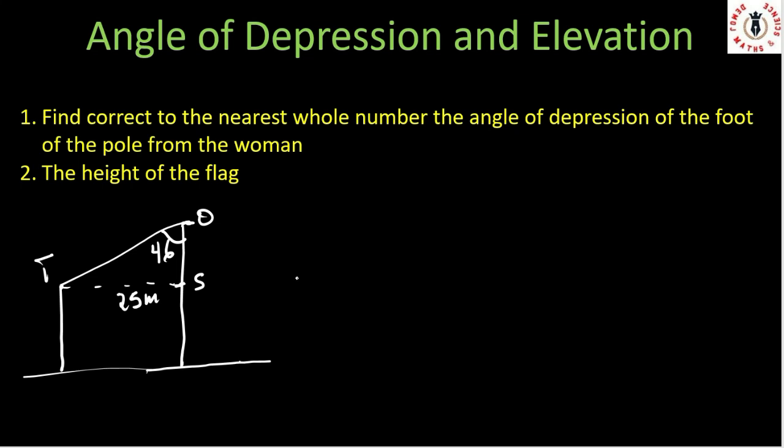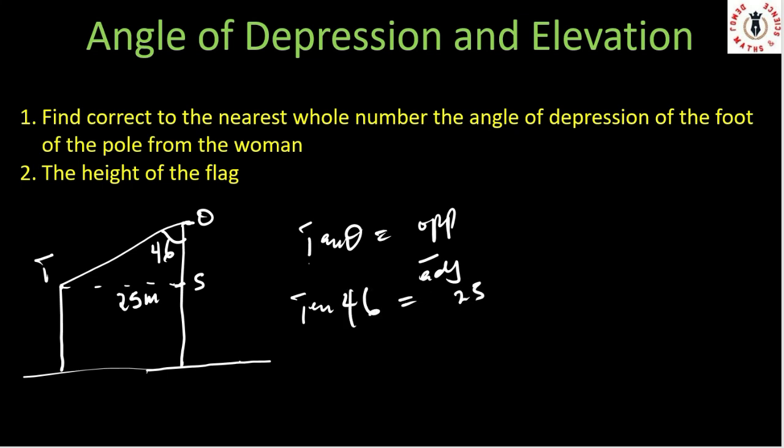Now, tan theta once again is equal to opposite over adjacent. The tan of 46 will be equal to 25 over OS, which is what we actually need. OS will be equal to 25 over tan 46.